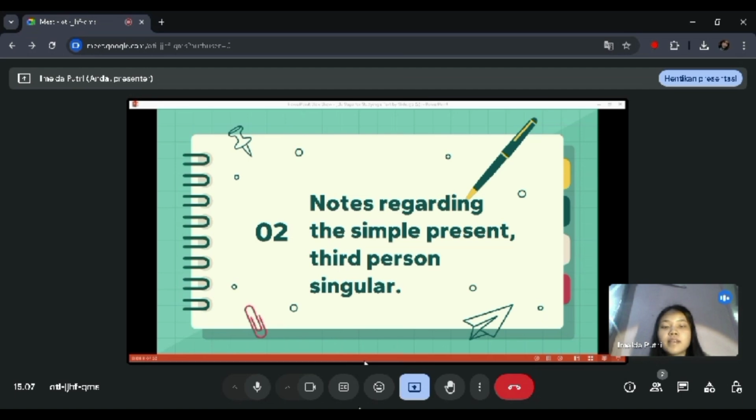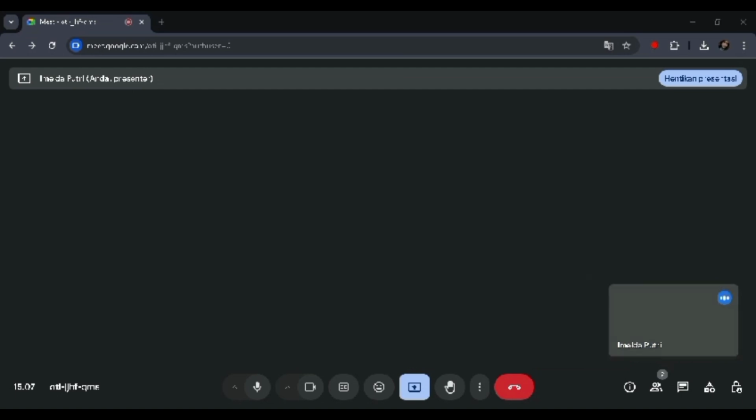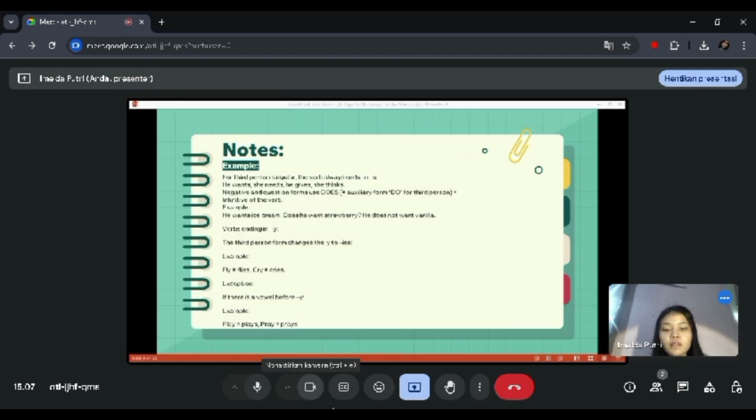Notes regarding the simple present third person singular. As a reminder, for the third person singular the verb always ends in s.